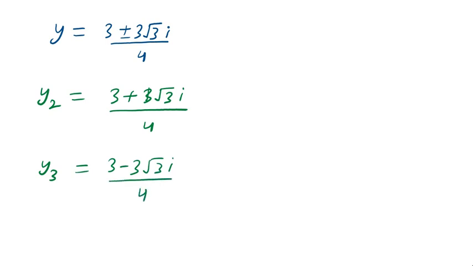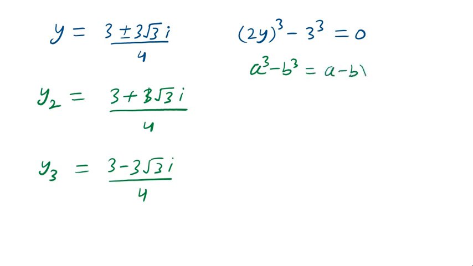Now solve the second case, which is (2 times y) whole cube minus 3 cube is equal to 0. Here, suppose this 2 times y is a and this 3 is b. So the left hand side is a cube minus b cube, and the factorization of a cube minus b cube is a minus b multiplied by a square plus ab plus b square.